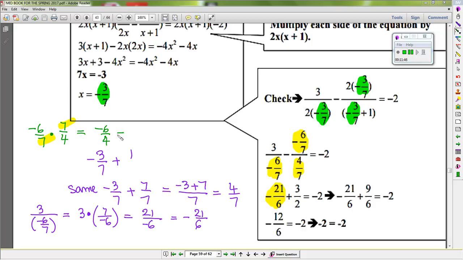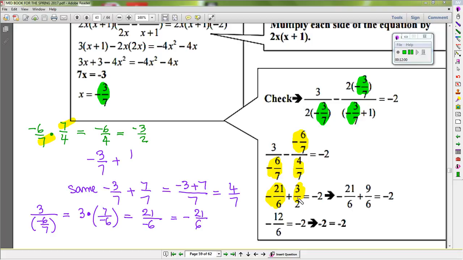So we are left with negative 6 over 4, and again 6 and 4 also have 2 as a common factor. So therefore we'll have negative 3 over 2. But by the way, we also have one more negative, so that becomes a positive 3 over 2.